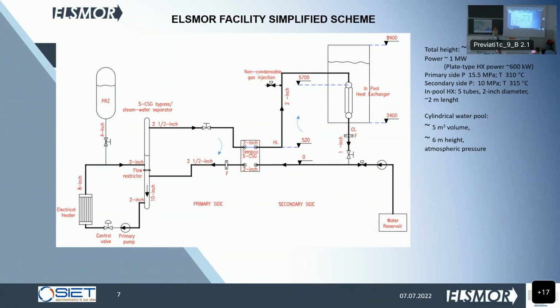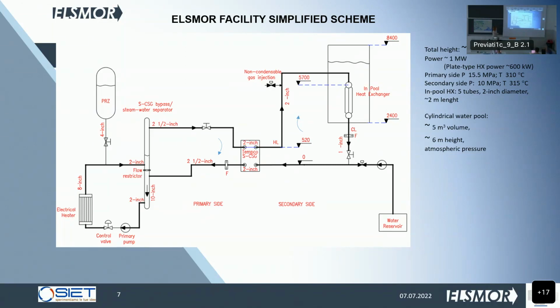And so we have two flow rates because we cannot run the pump at 3 kilograms per second, because these are very big pumps. We need to circulate a sufficient flow rate for the pump, but we need a small flow rate in the heat exchanger.